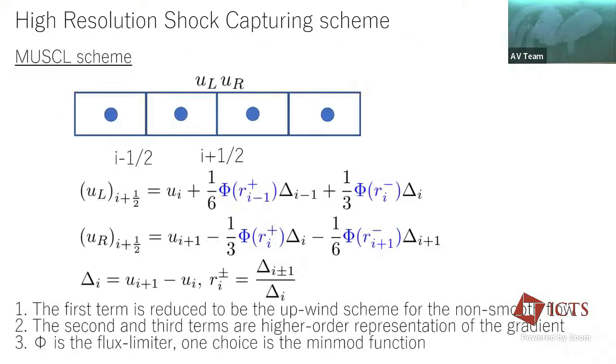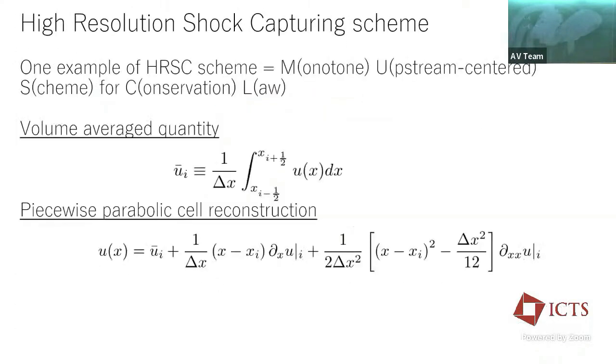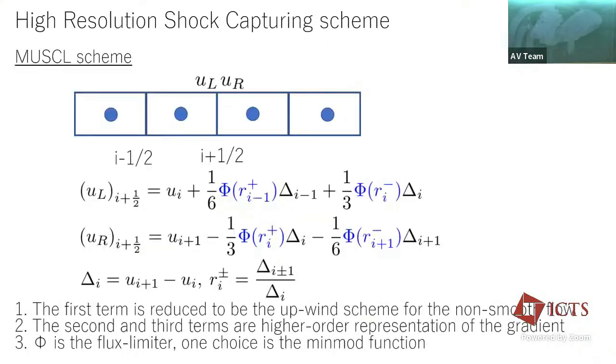Also, if you evaluate these terms at the i plus 1 cell, and evaluate the distribution inside the cell at i plus 1 over 2, you get the expression for the right state u_R, something like this without the blue colored terms.